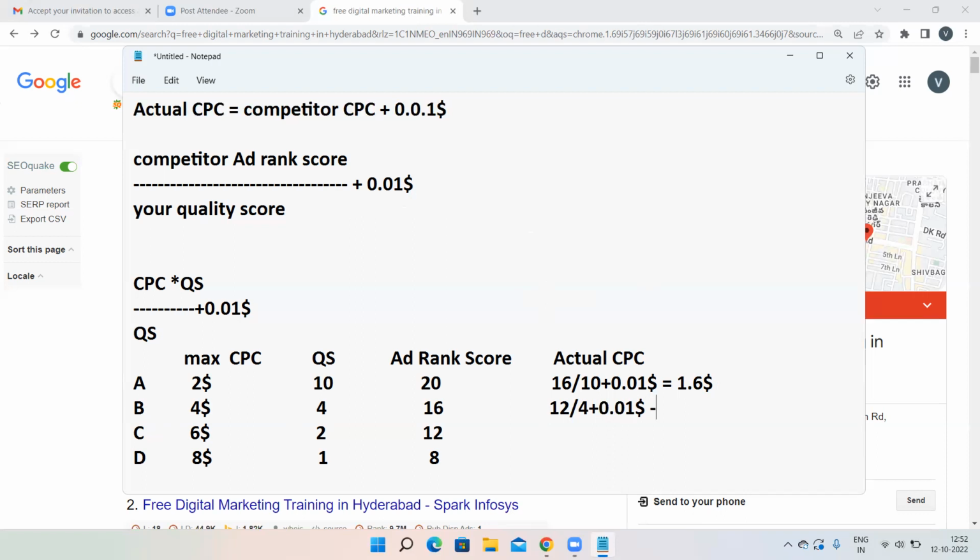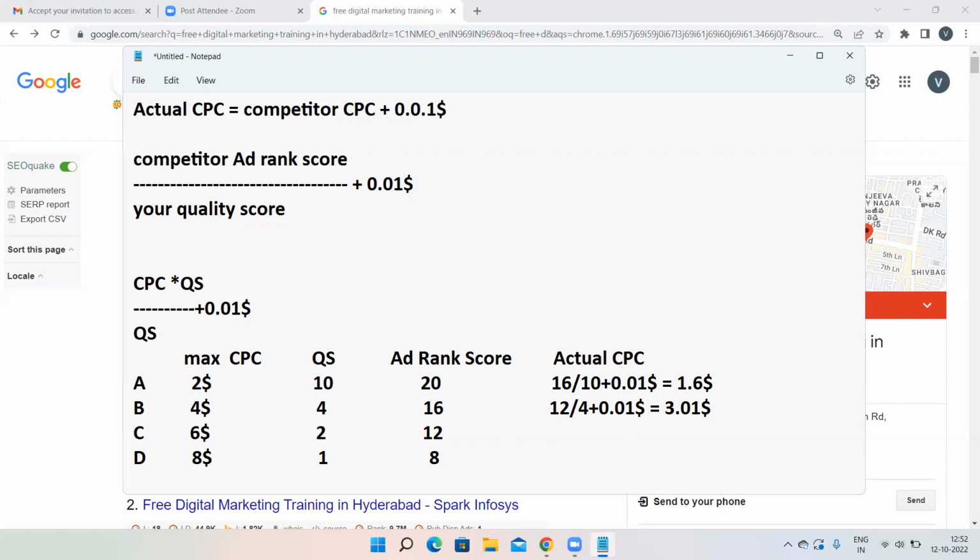How much will it be? $3.01. So he is ready to pay $4, but he is paying only $3.01.